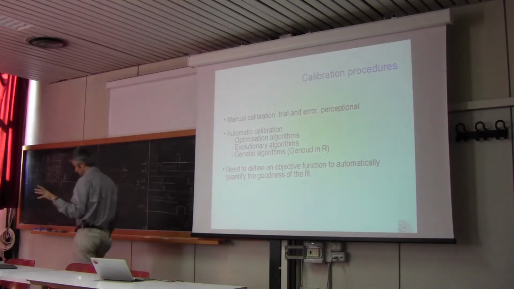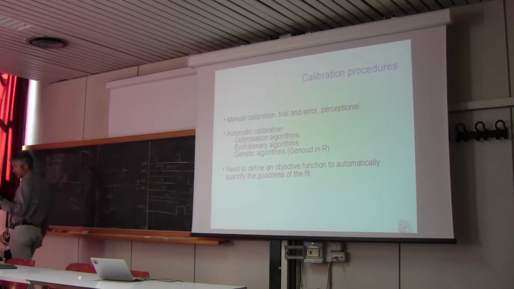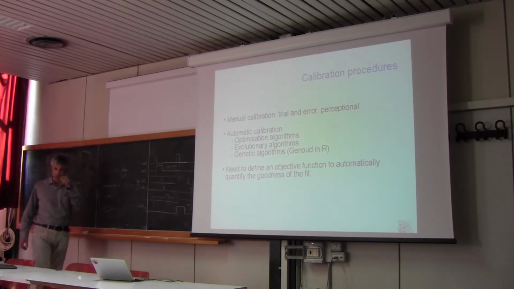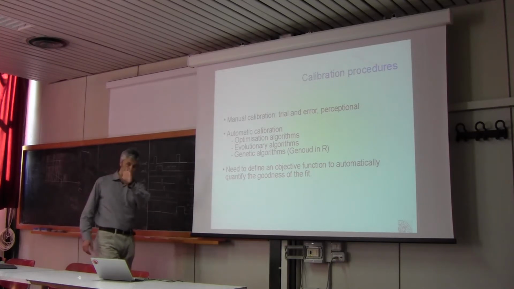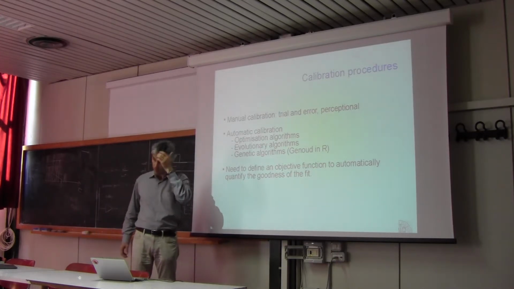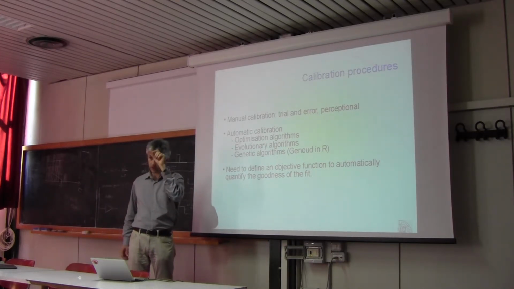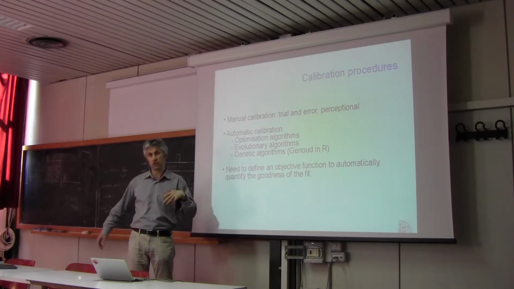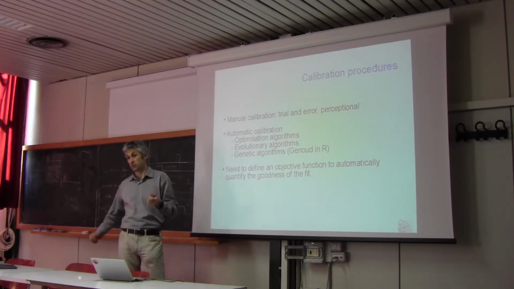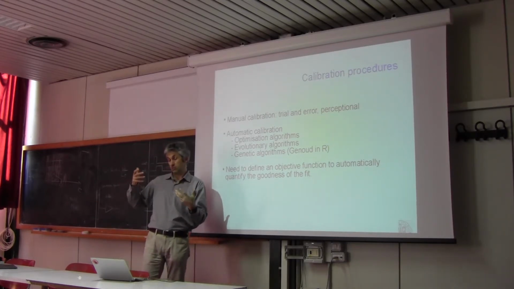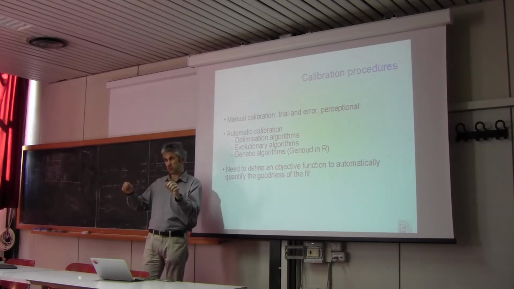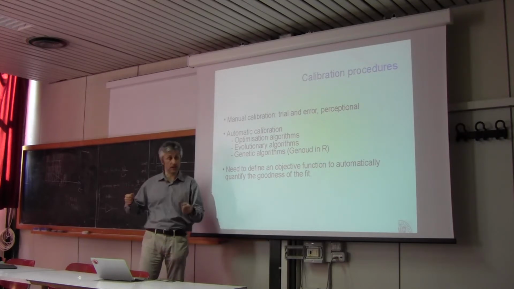So I spoke just a couple of minutes ago of manual tuning. I said you look at the comparison between observation and model simulation and you tune the parameter value. This tuning is particularly easy if you have just one parameter, because if you have more than one, it becomes a little bit difficult to tune two parameters at the same time.